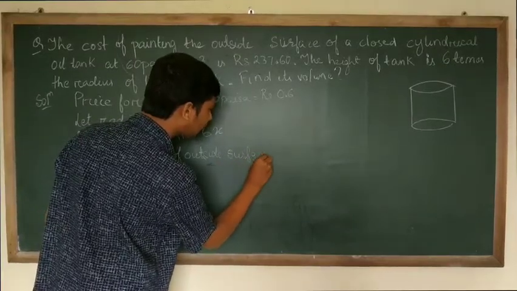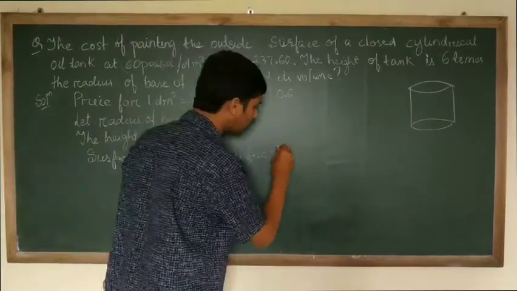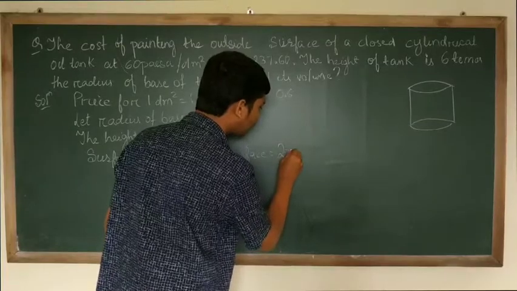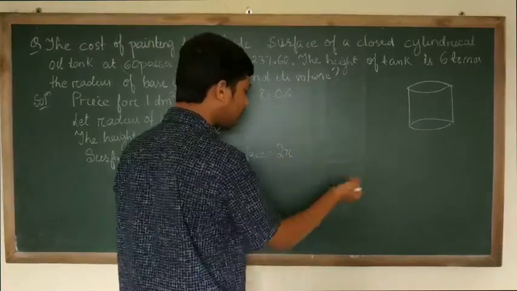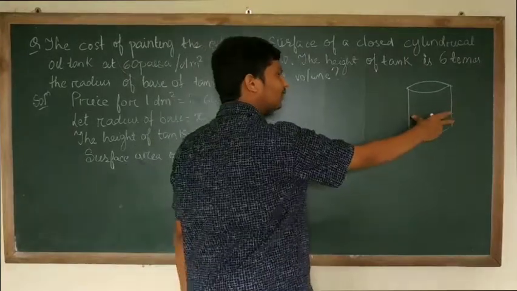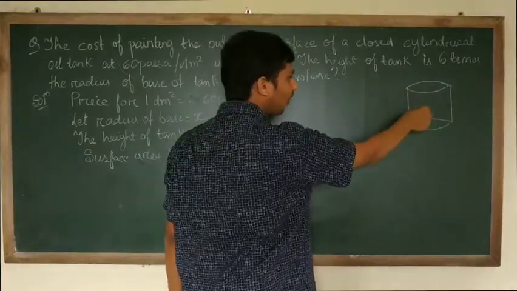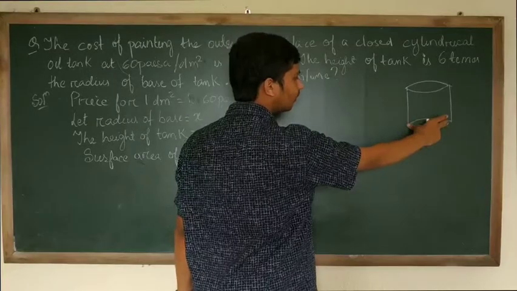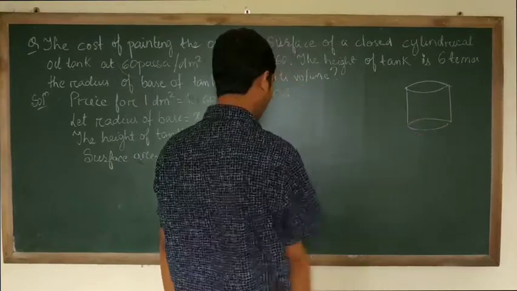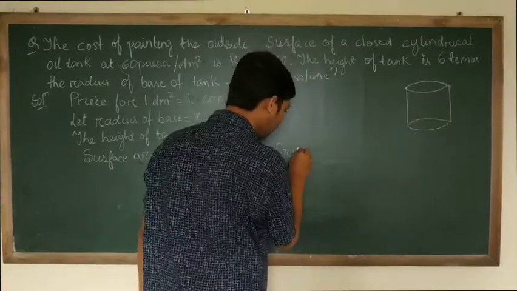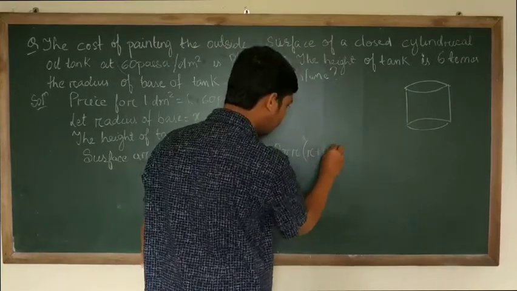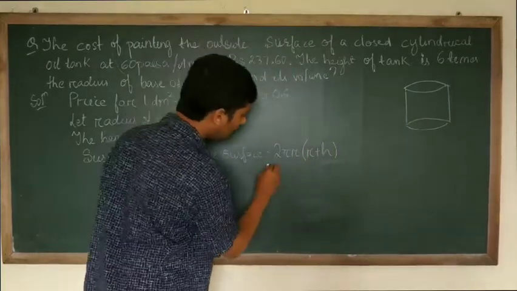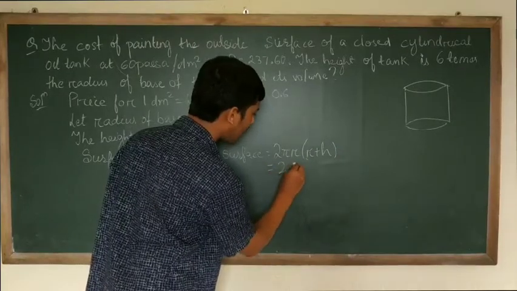It is a cylindrical surface, so we already know the formula: the circumference into the height, and then we are also considering the two circles. So what is the value of 2 pi r?